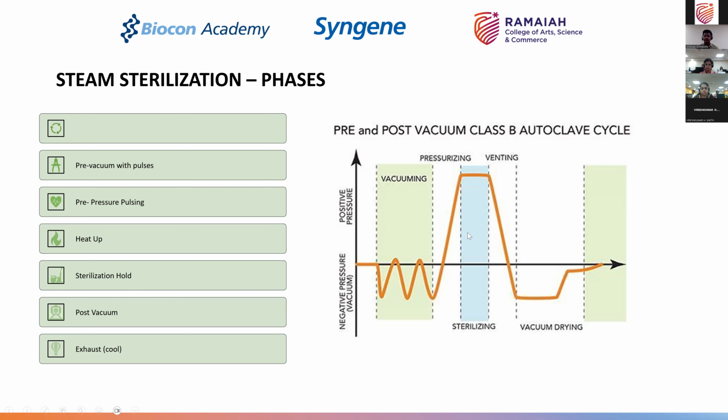So you cannot start that 15 minutes before achieving 121 and having a stable pressure and temperature. So you allow the heat up to occur, allow the stabilization to occur, meaning it is constant at 121 degrees centigrade or within that tolerance that I spoke about a little while ago, and the pressure, and then your hold time starts.